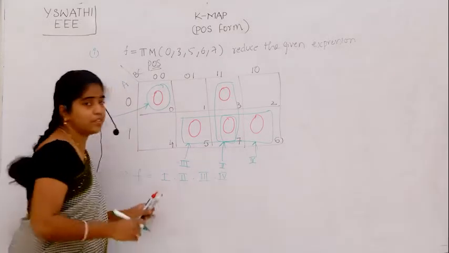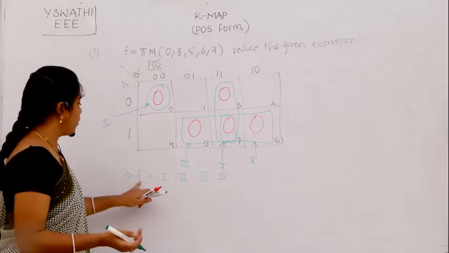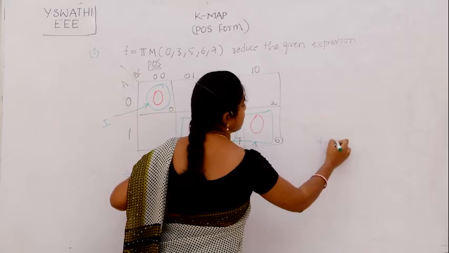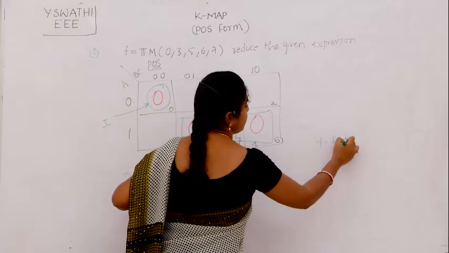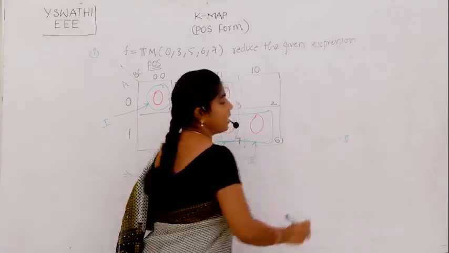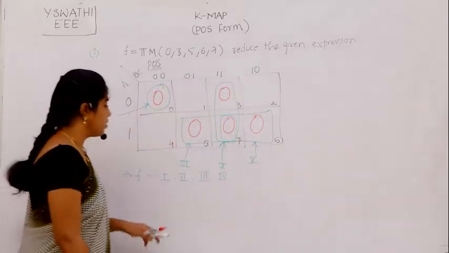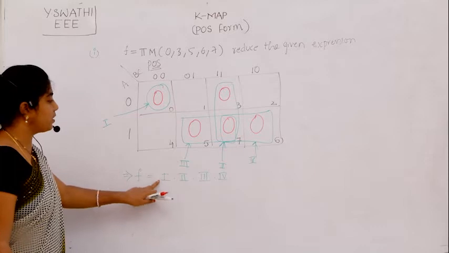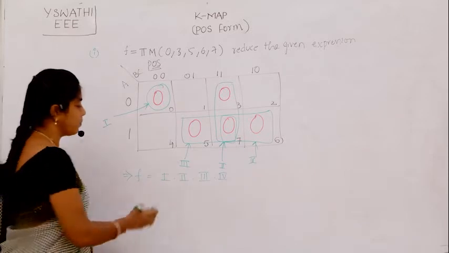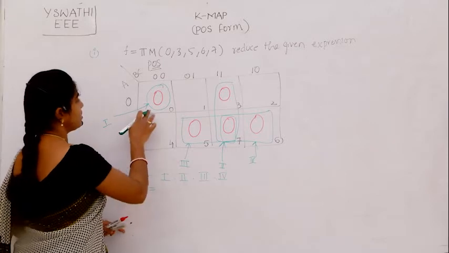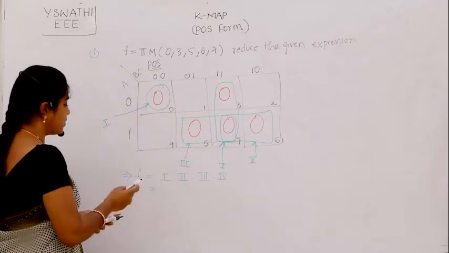See, in SOP form reduction, we wrote the reduced form as a prime implicant summation, right? Because we reduced it in SOP form. But in POS form, it is the product of sums. That's why we should product the prime implicants here. So what is our first prime implicant? This is M0.